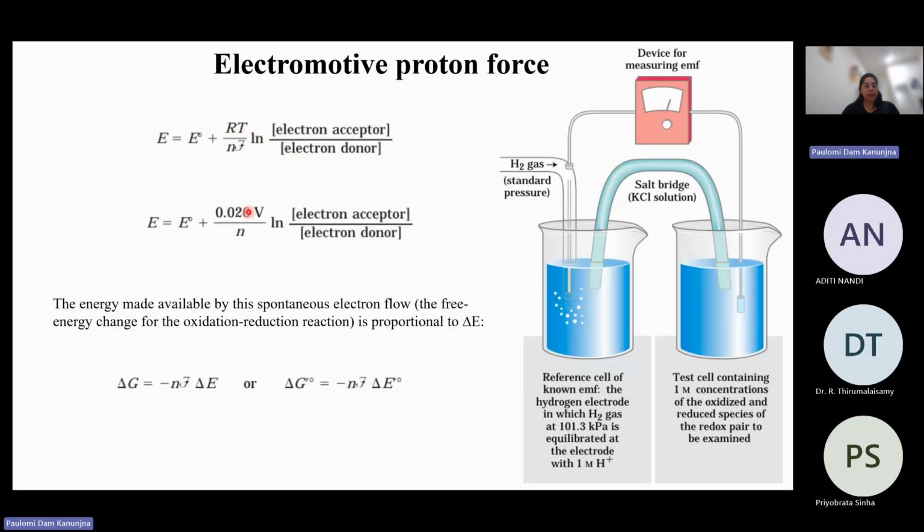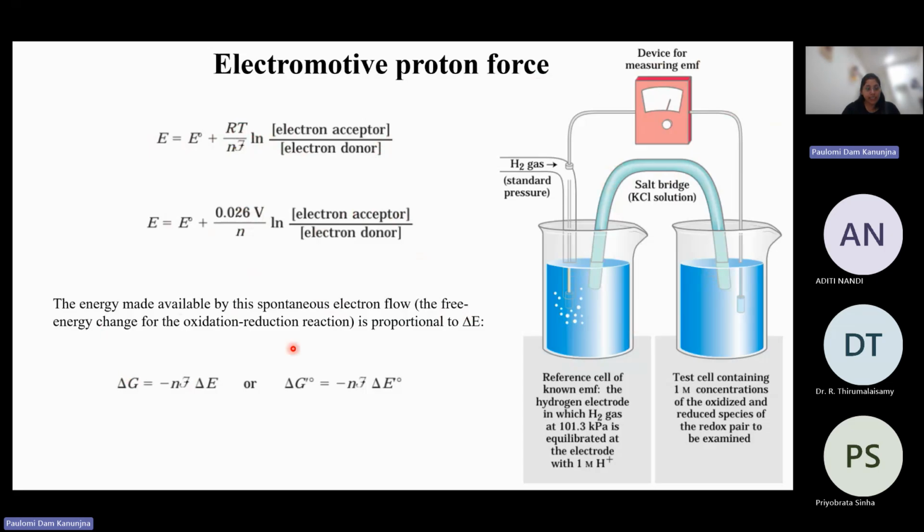Now R and T can be kept at standard conditions, and then you can simply calculate E as equal to E naught plus 0.026 volt over n, n being the number of electrons in the actual motion, times ln of electron acceptor over electron donor, right? This can also be written as, because the energy made available by the spontaneous electron flow is proportional to the change in the energy, right?